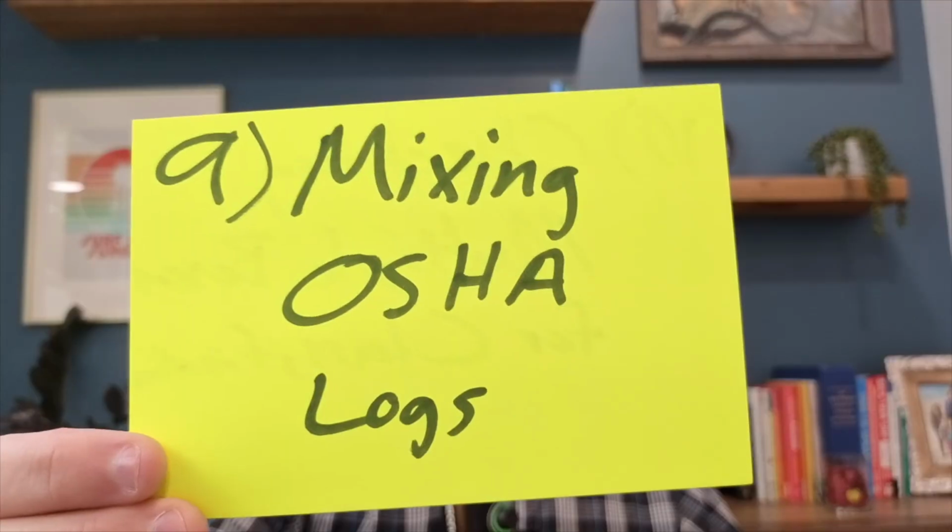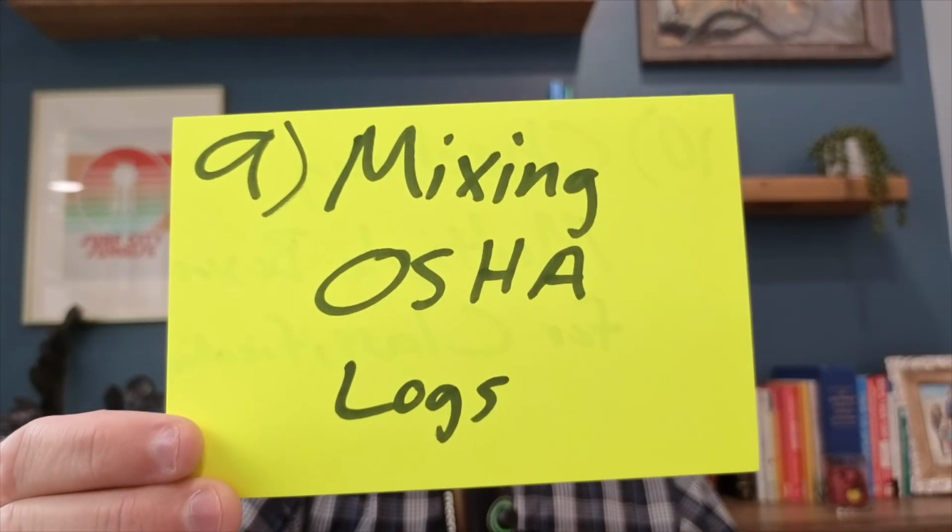Now, number 9, I kind of gave a teaser for this one just a minute ago because we're going to make sure we're using the correct establishment log. Every facility has to have its own log. Now, for companies that have multiple sites, you have multiple facilities. I used to do work with a company that had several grain elevators throughout North Carolina.